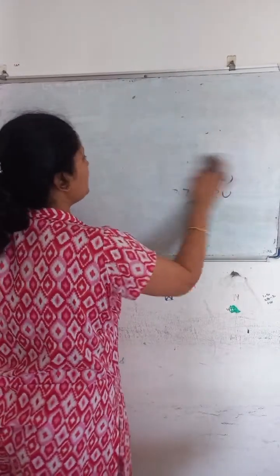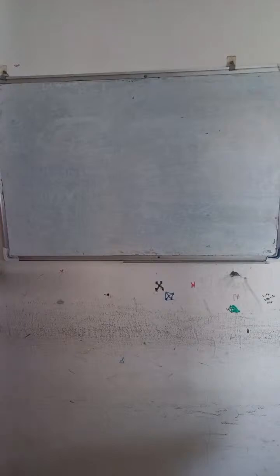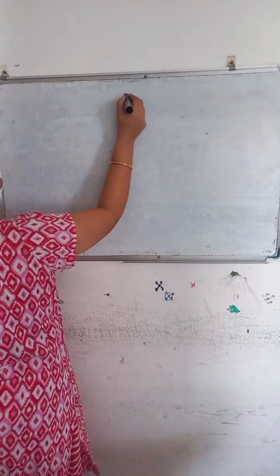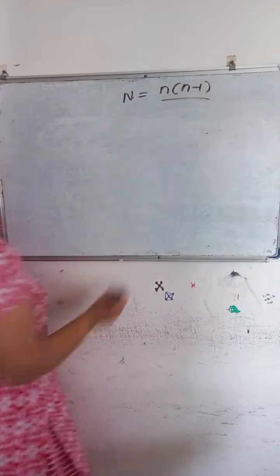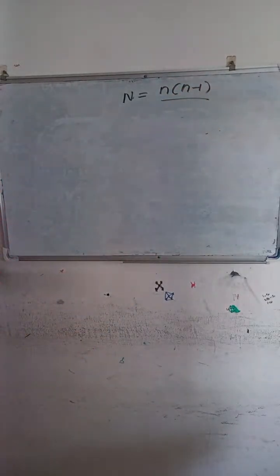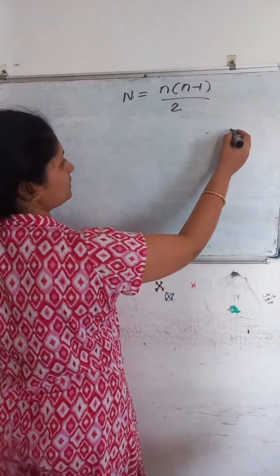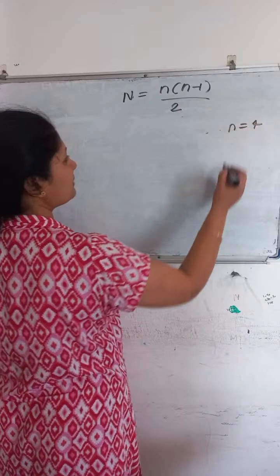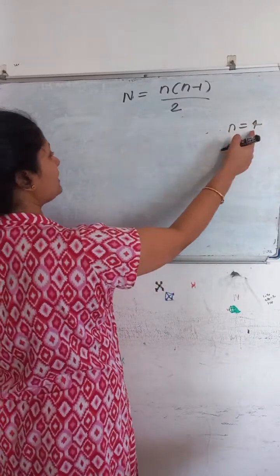We want to calculate the number of spectral lines, and we have the formula N is equal to n into (n minus 1) divided by 2. The third excited state is nothing but 4. Don't take 2 or 1, we are only taking 4.